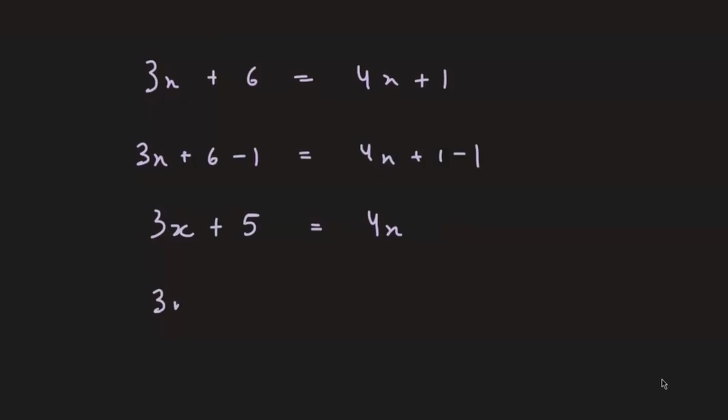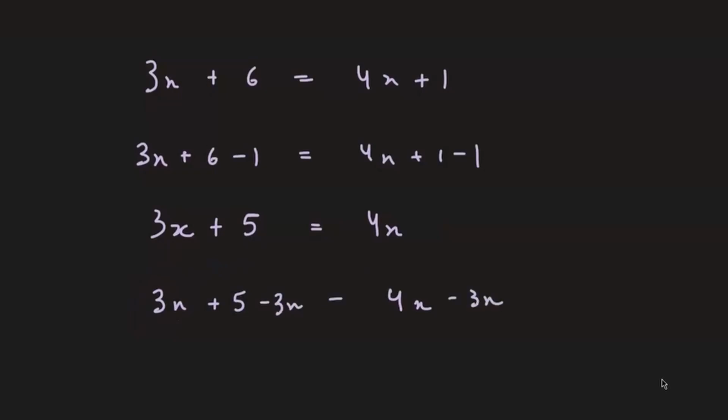Now what will we do? We will subtract 5 on both ends, because our goal is to isolate the variable. Isolate the unknown. Wait, let's not do 5. Let's do one thing. Let's bring this 3x to the other side. How do we do that? By subtracting 3x on both sides.